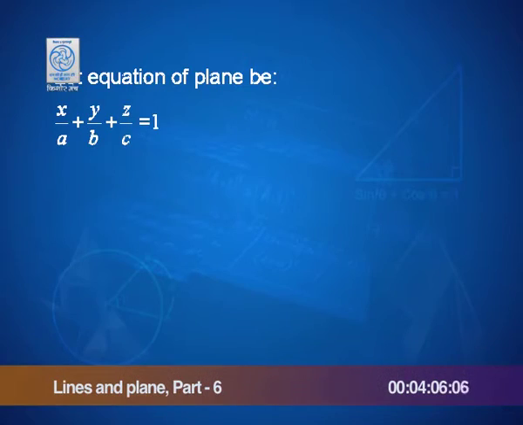This is just one position of that plane. Once I understand the plane is cutting the intercepts a, b and c, then using the intercept form of the equation of the plane, I have the equation as x by a plus y by b plus z by c is equal to 1.